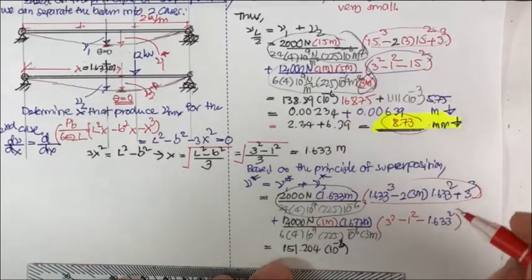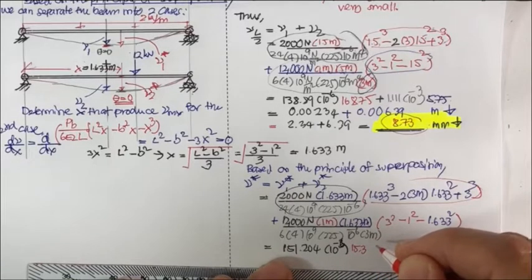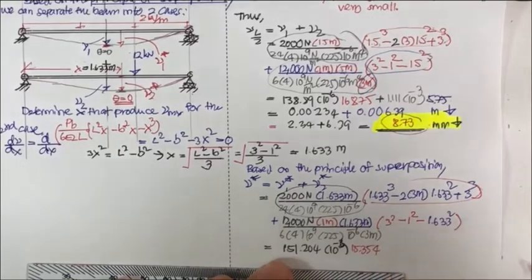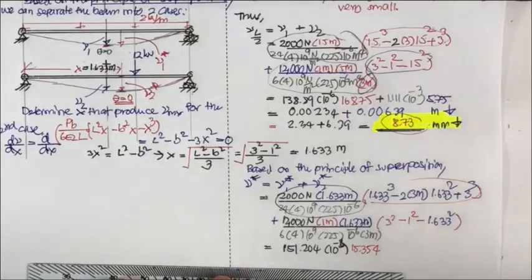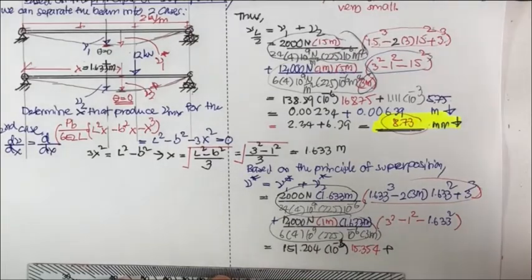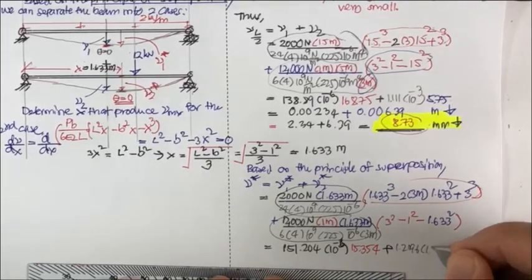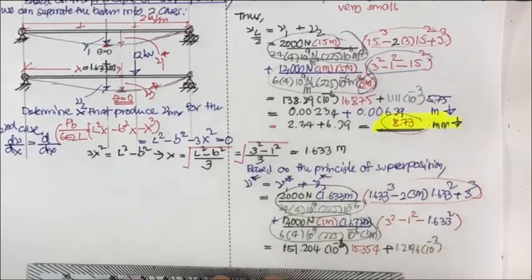When you put it in, it's 15.354. And next, when you put them together for this portion, you get 1.2096 and 10 minus 3.